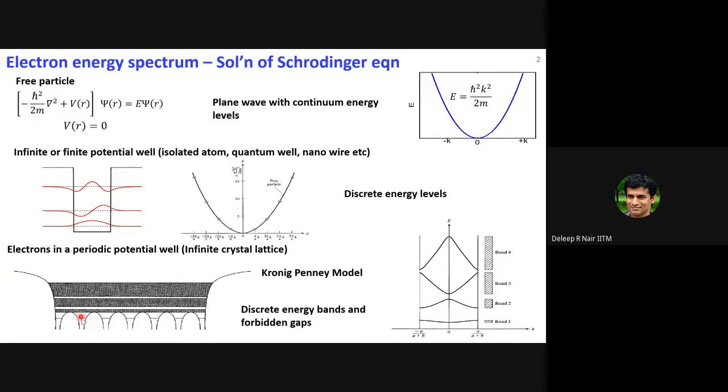It goes down near the nuclear core, and it goes up again. So you can see this is a three-dimensional periodic potential well in a solid. This is a difficult problem to solve, especially if you are trying to solve it using pen and paper.